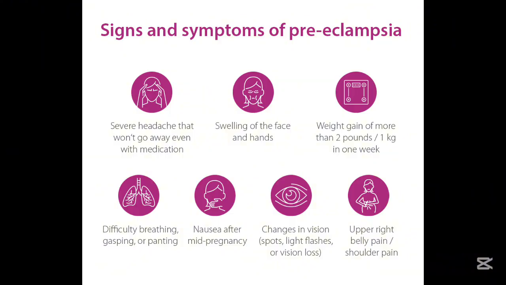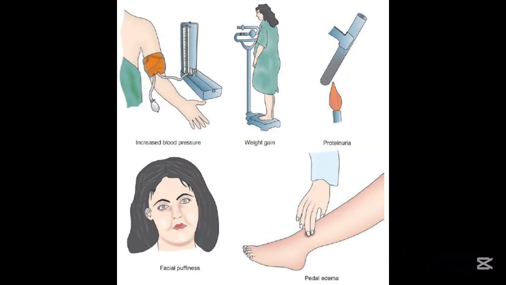They can present with headache, blurred vision, epigastric pain or right upper quadrant pain if there is liver involvement. They can also present with oliguria, hyperreflexia, and clonus. For the fetus, they can have intrauterine growth restriction, oligohydramnios, placental abruption, and stillbirth.